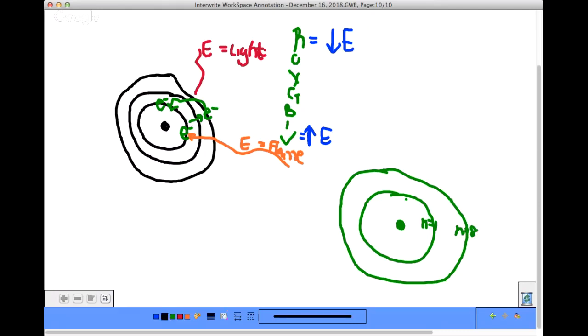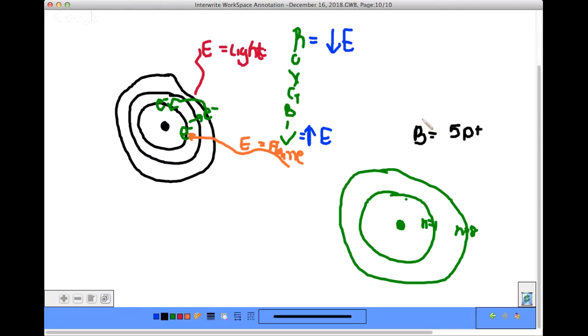So if we have something like, let me bring up my periodic table. Let's say that we have boron, and we know that boron has 5 protons.